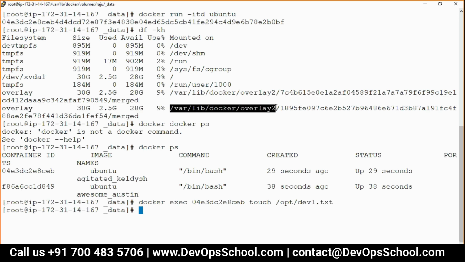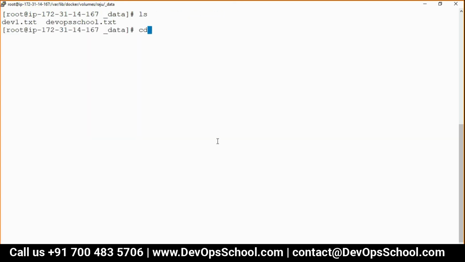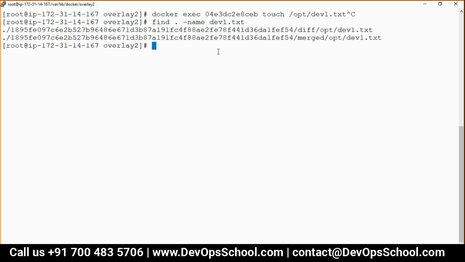So for this, I will go to cd, and what file I had written, I forgot actually. Anyone remember? Dev1.txt. See here, so it's not related to volume. I have not used the -v at all. Why is it getting deleted?